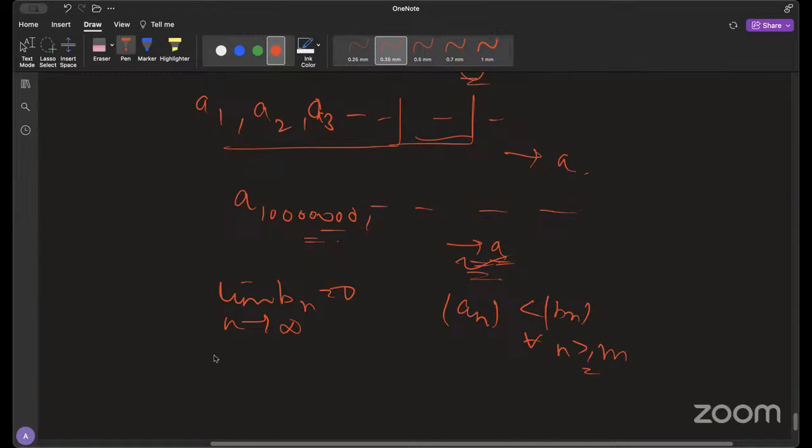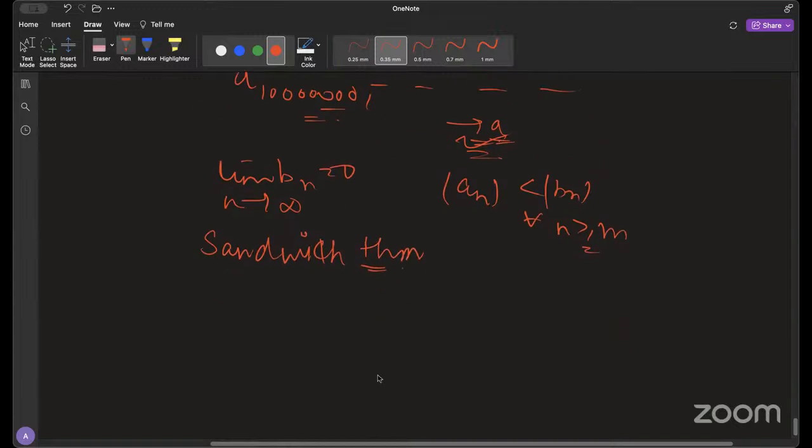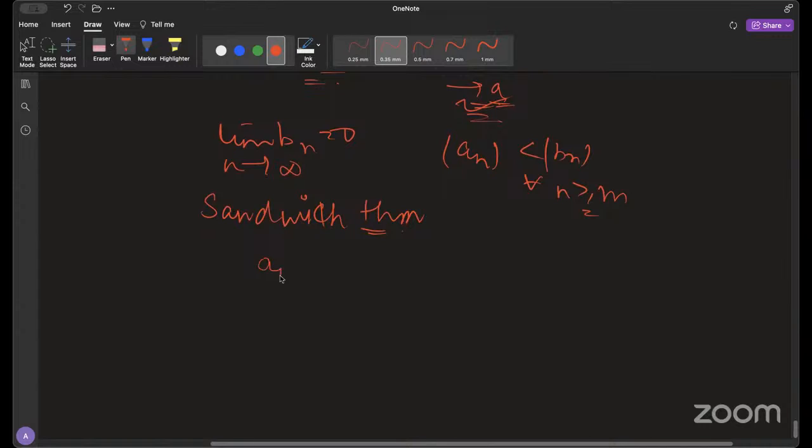So have you heard of the sandwich theorem? You must have done this one, it's in the course. You take an, and then cn is in between an and bn. If an tends to a and bn tends to a too, then cn tends to a as well.